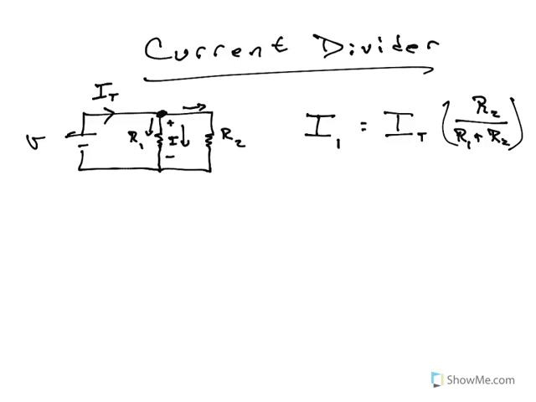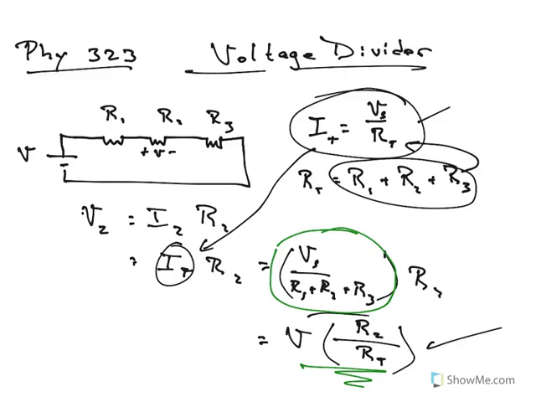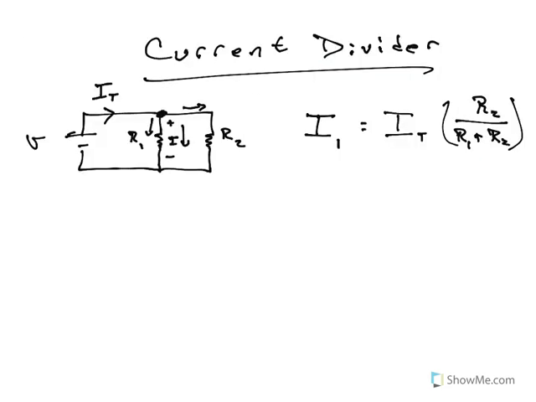But notice the big difference here. For the voltage divider, if we want to know how much voltage is dropped by R2, the ratio is R2 to R total. But for a current divider, if I want how much current goes through I1, that's not R1 over R1 plus R2. It's R2 over R1 plus R2.